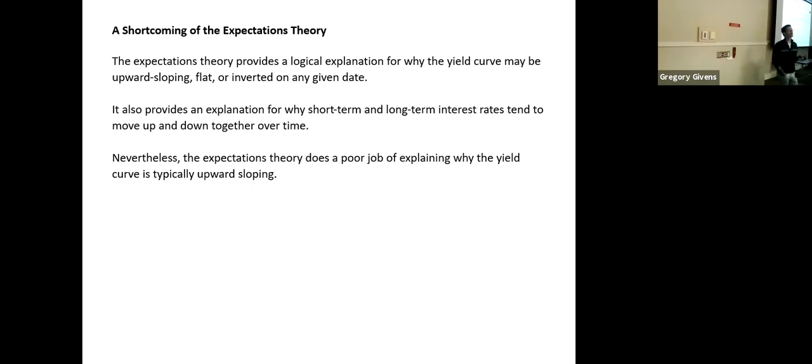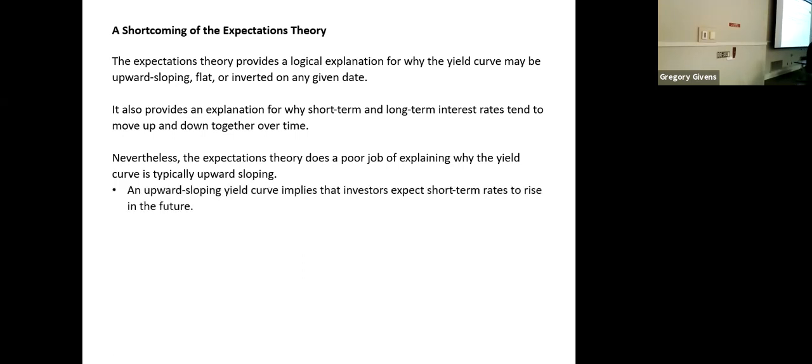Now, let's try to rationalize that from the perspective of our expectations theory of the term structure. What is it saying? What does an upward sloping yield curve mean? Investors must be thinking that interest rates are going to rise in the future, right?